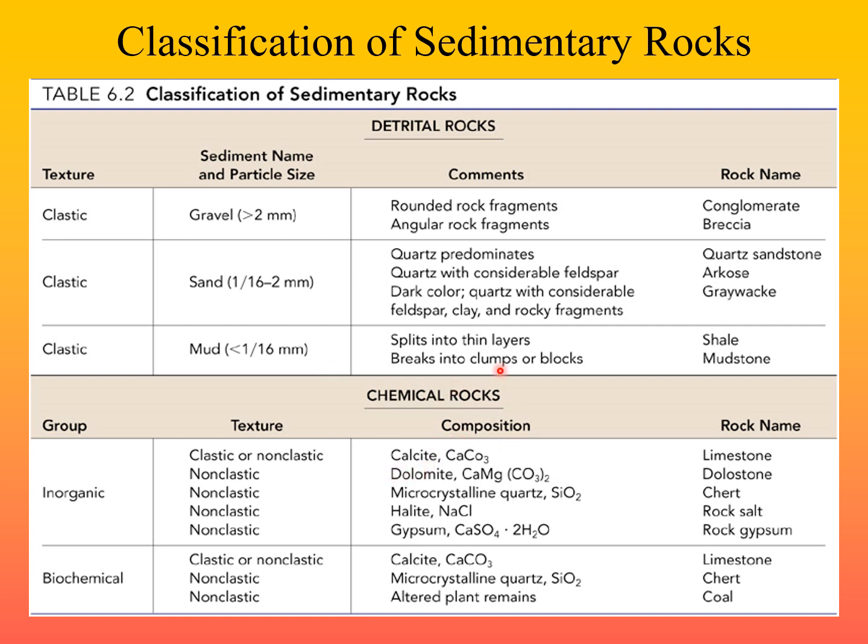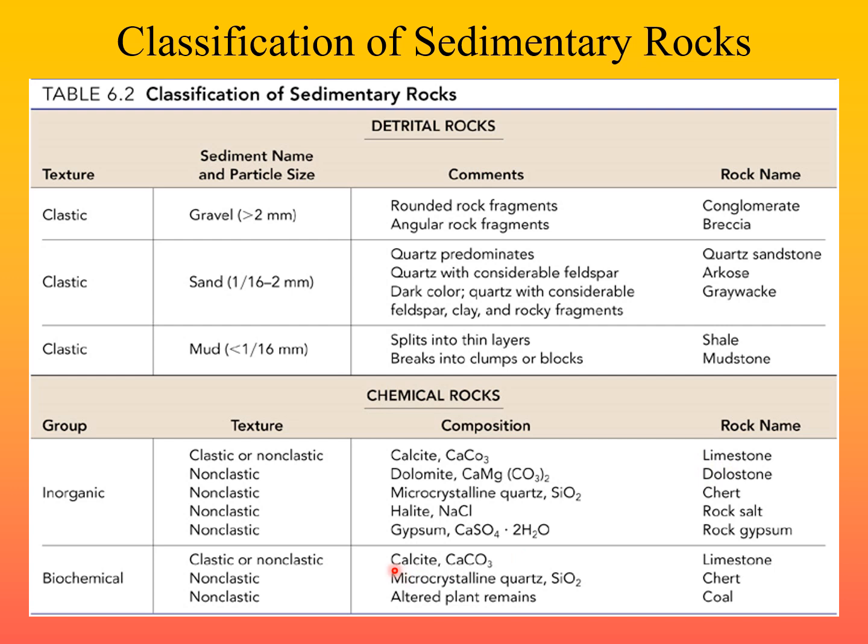Then you have your chemical sedimentary rocks here. They're grouped as inorganic and organic or biochemical. And here the textures are clastic in the case of limestone, where you can have some noticeable calcite grains in a limestone. Or you can have a bunch of these non-clastic ones like a dolomite, which is your calcium carbonate with magnesium attached, or sometimes just magnesium carbonate.